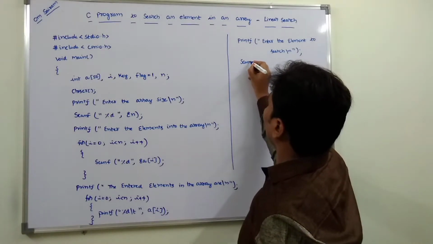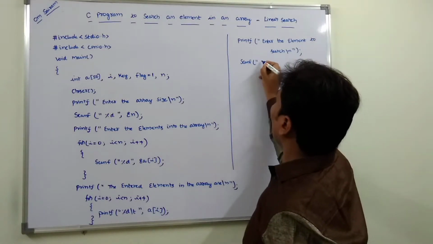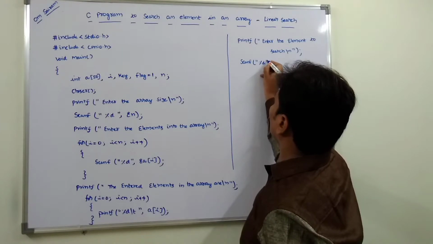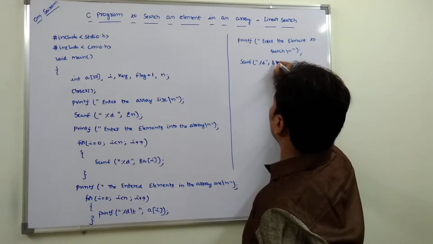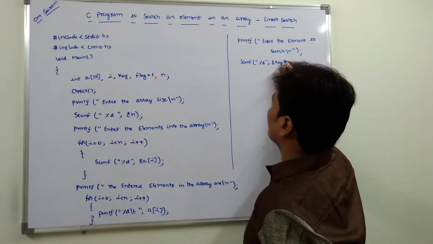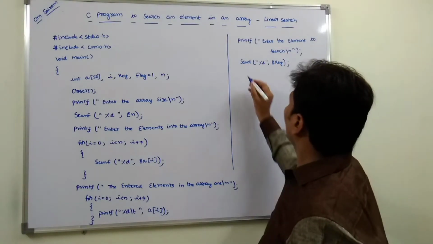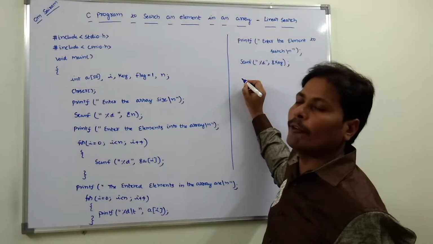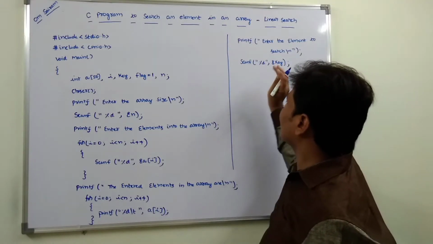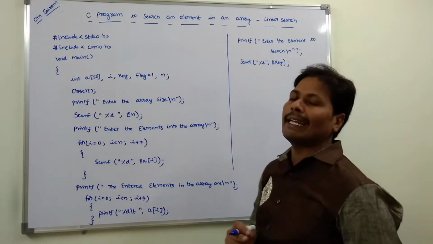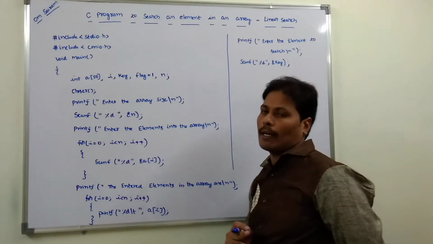This element is also read from the keyboard. For that purpose, we have to use the scanf function, with ampersand key. Now we have to find out whether this key element is present in the list or not.